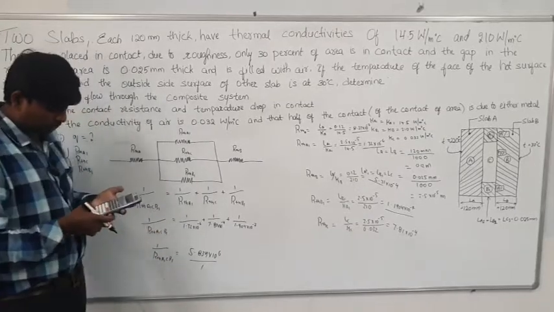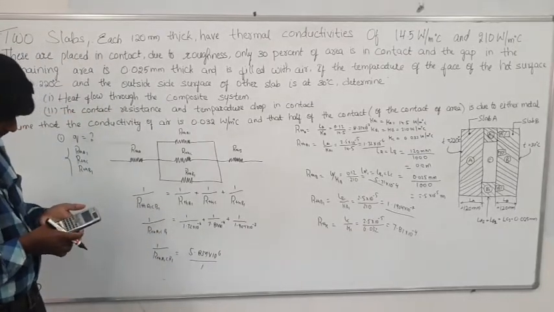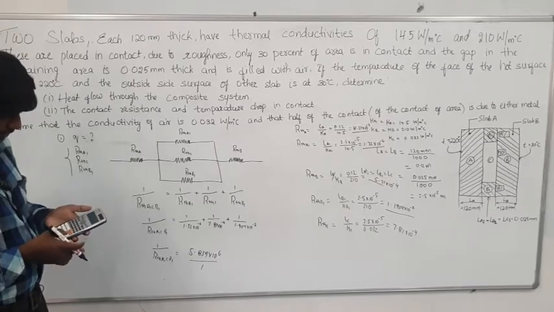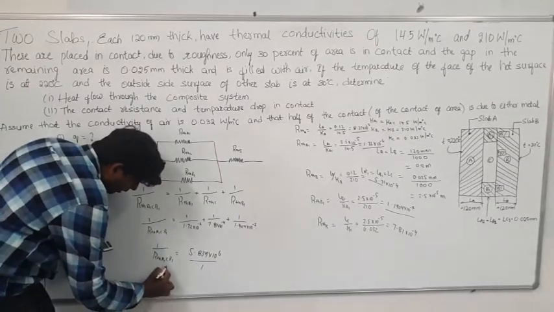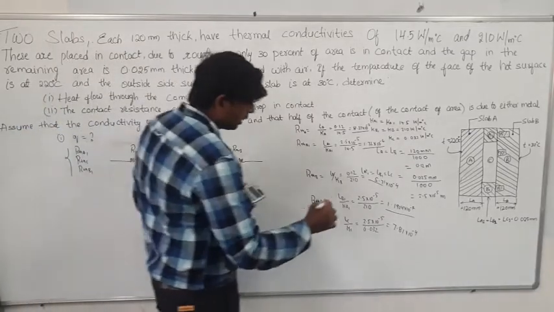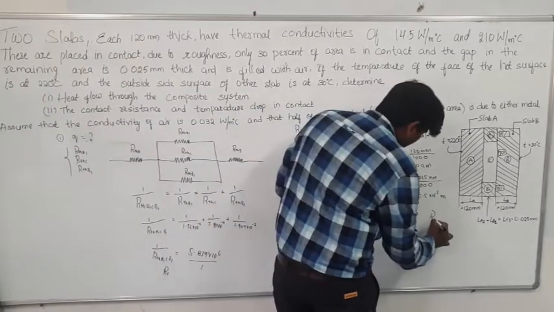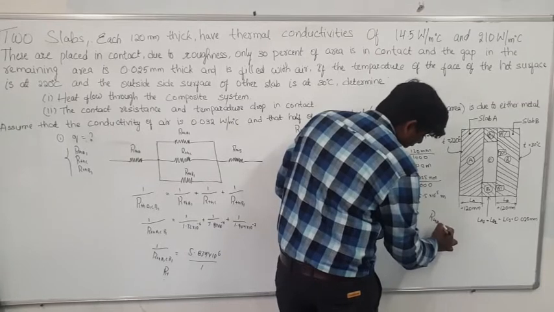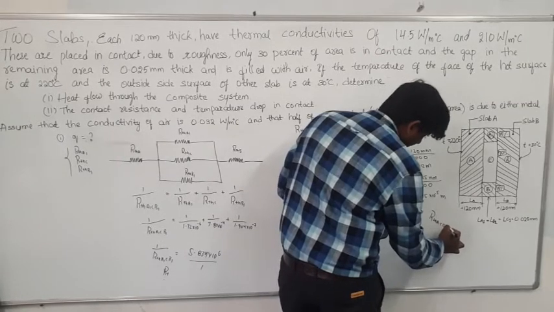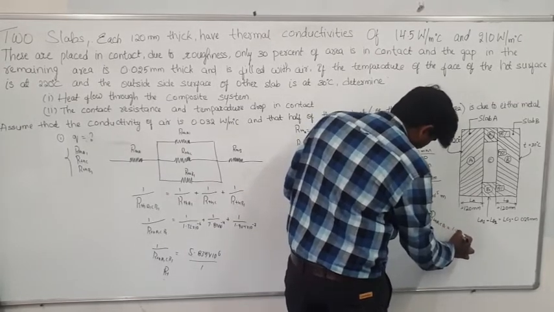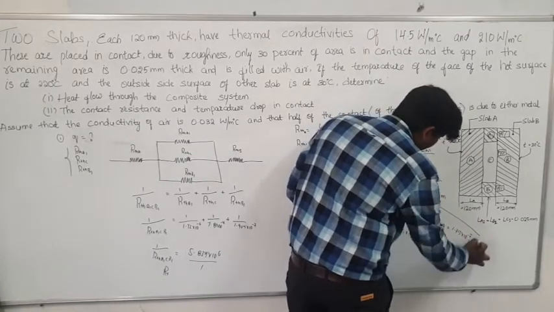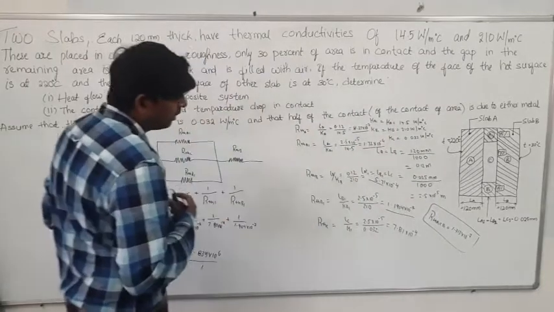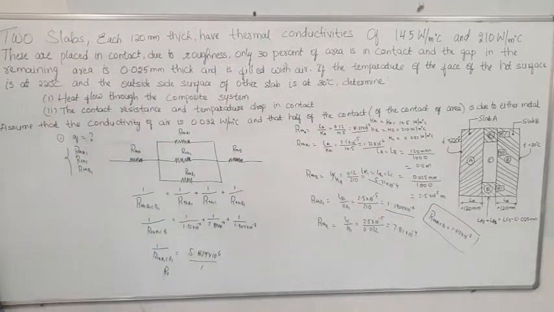If you go for reciprocal, 1 divided by the answer, here you got the value of RTH A1 C B1: 1.713 into 10 to power of minus 7. This is the value of RTH A1 C B1.